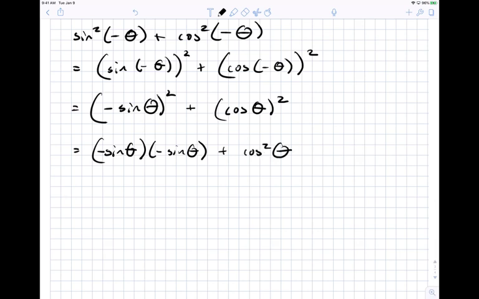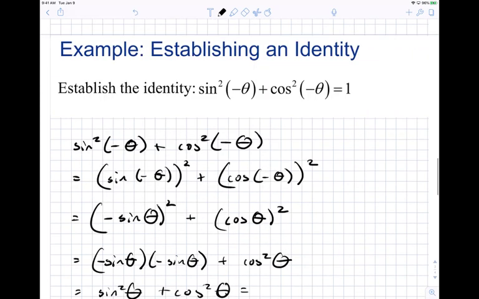So double negative becomes positive. So then this is sine squared theta plus cosine squared theta. And what does that equal? That will go to 1, right?